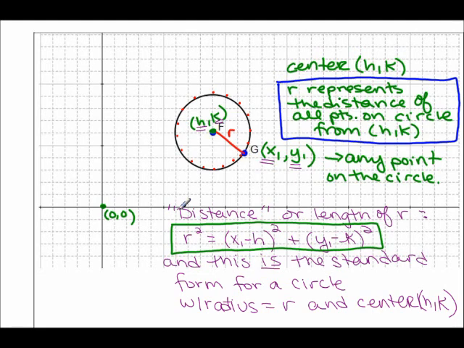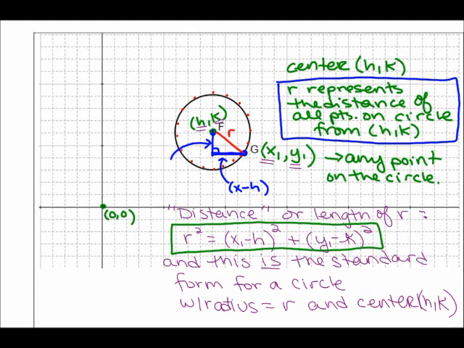Now the other way that you can visualize this is if you go back to your circle and you drop down this right triangle. Remember, you're just doing Pythagorean. So here, this bottom leg, this is the same thing as the change in your x-coordinates. So that is just the same as x minus h.